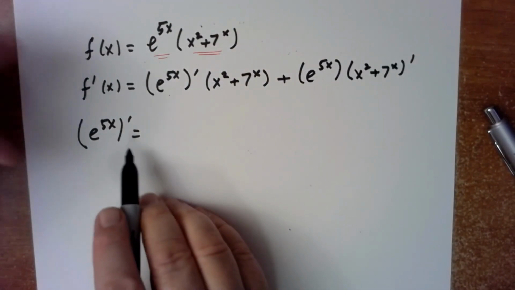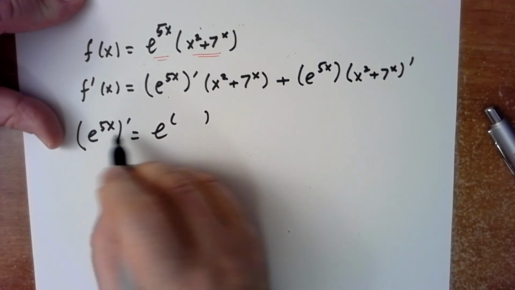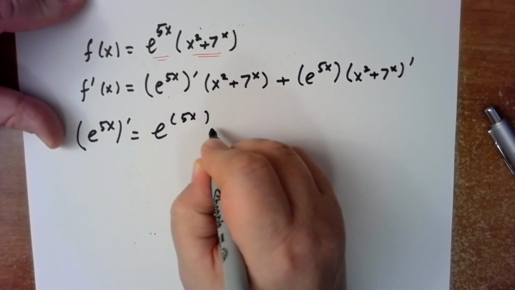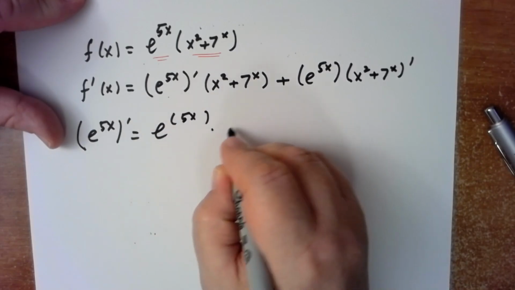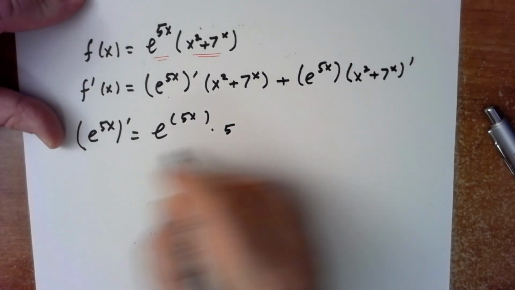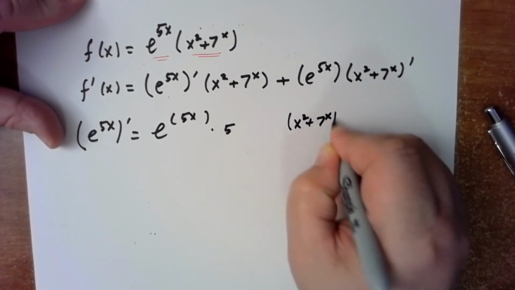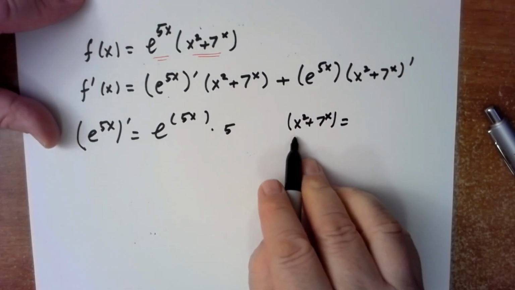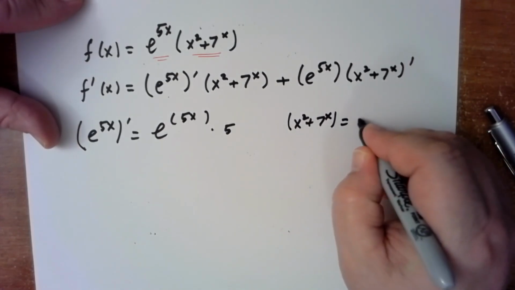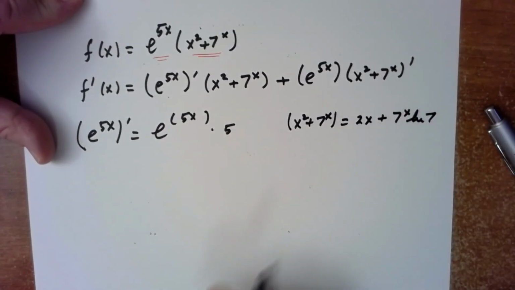So similarly here, this derivative is e to some power, and that power is 5x. Then you multiply by the derivative of the inside, which is 5. Good. Then the other derivative is also, let's go ahead and write that over on this side. So that's just going to be 2x plus 7 to the x natural log of 7.